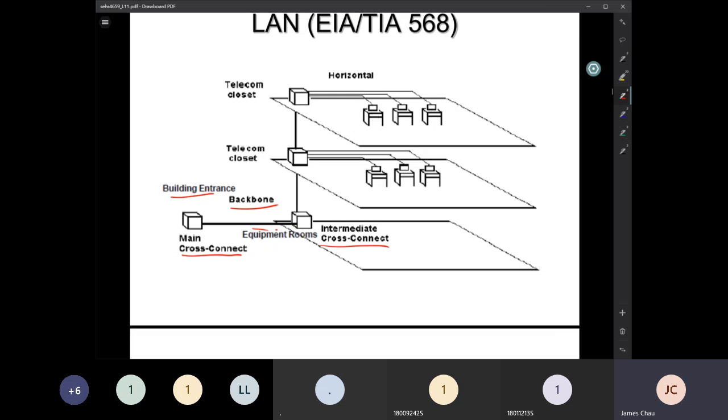And out of the telecom closets, we have the horizontal cabling. And in the floor, we have the work area. Okay. So now from the picture, you can see the location of these subsystems. And normally, the user only works in the work area. Okay. And the engineer can make the proper correlation between different subsystems to the buildings in order to make the whole system become connected.